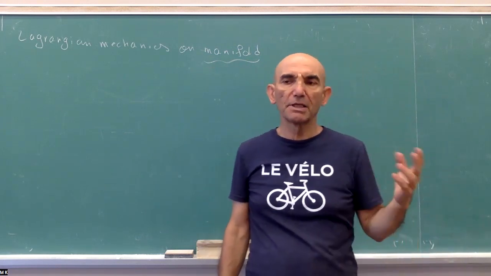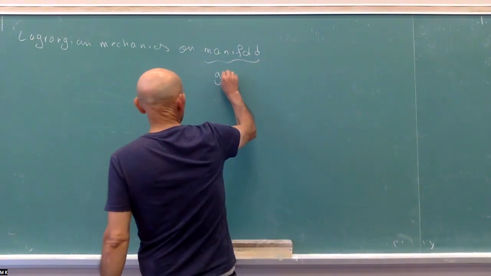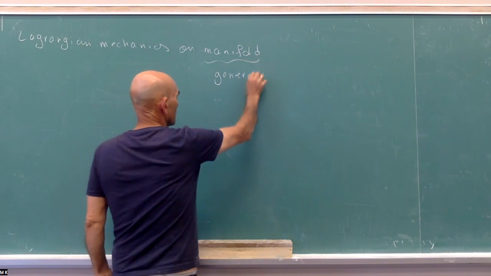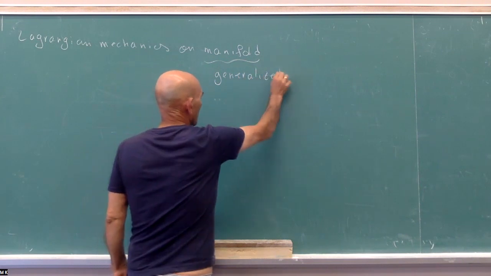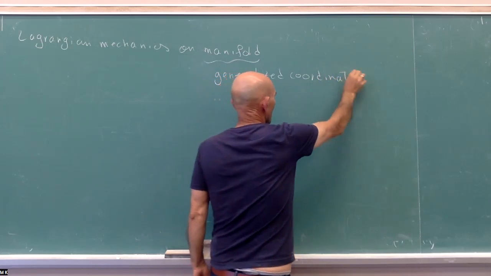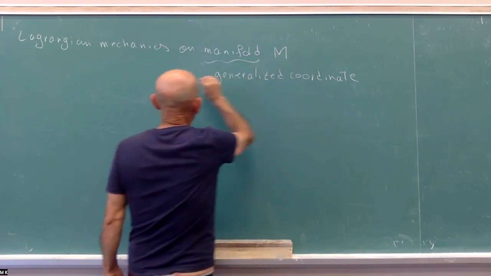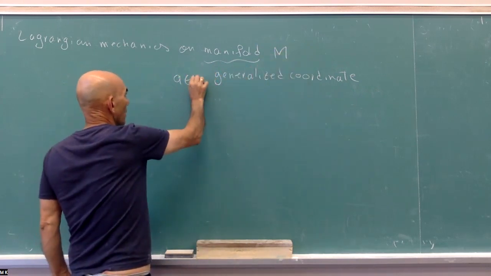So in physics, they talk about generalized coordinates. So this is generalized coordinates. So you see, this Q now is a point on M.